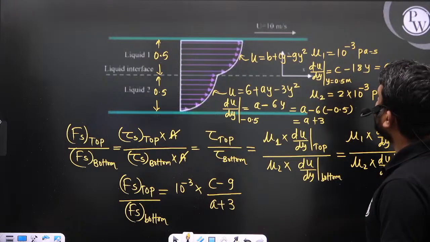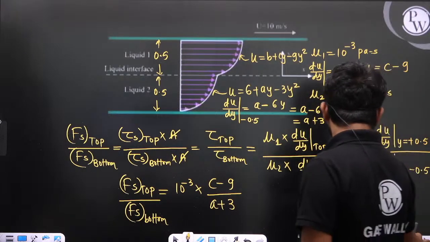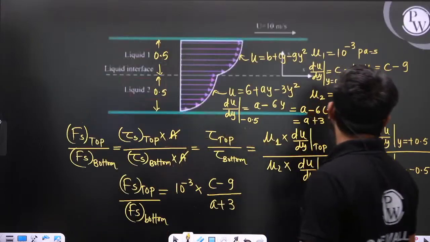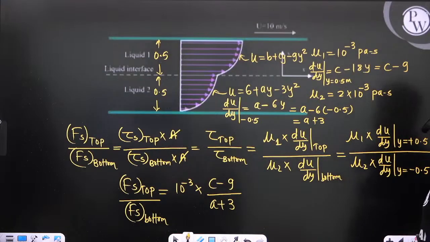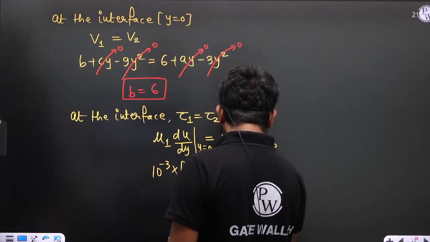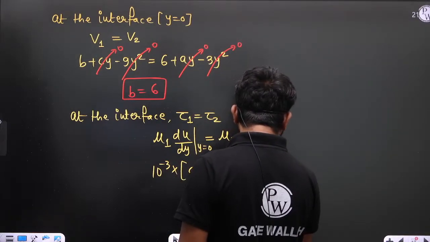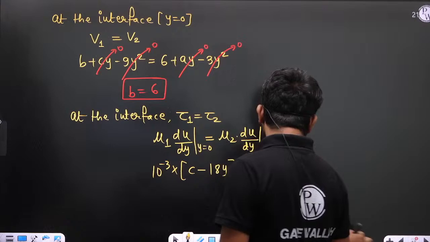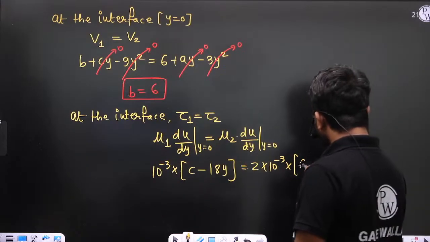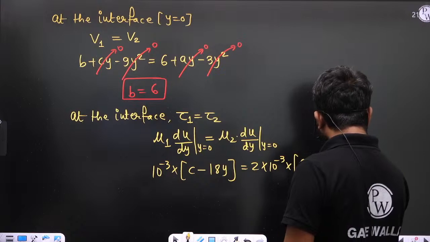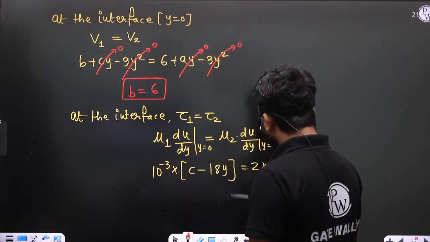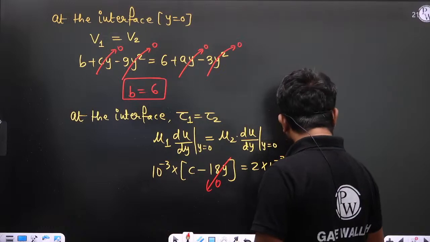That is c minus 18y. That is equal to mu2, 2 into 10 to the power minus 3, into du by dy, which is a minus 6y. And at y is equal to 0, this term is finished.